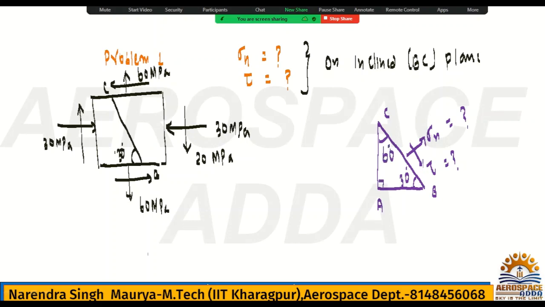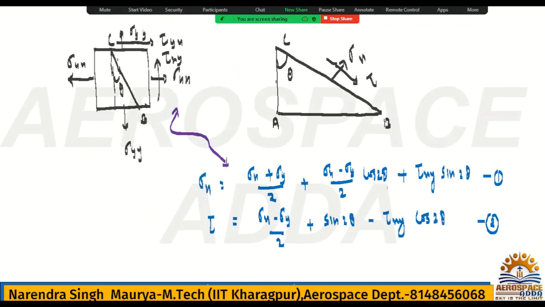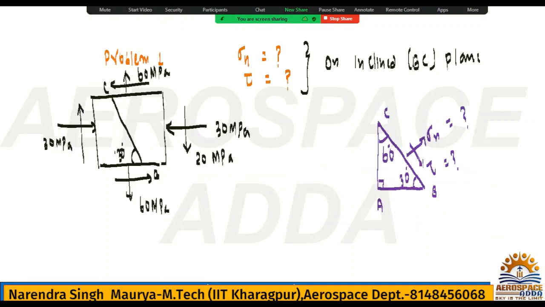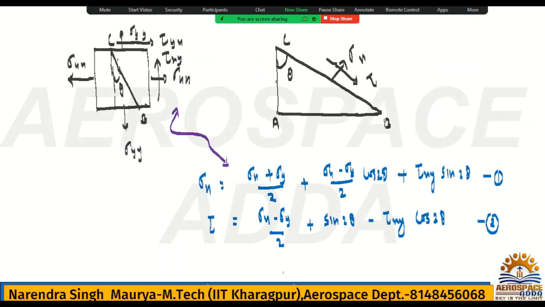So in the formula, everywhere you have to write theta as 60, not 30. They have given 30, but you have to write the angle from the vertical, because this derivation was written for the angle from the vertical. See this diagram. For that reason I am solving one problem, so at least the thing should be clear. So angle-wise this is clear.